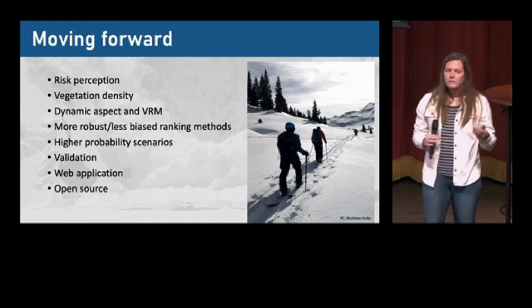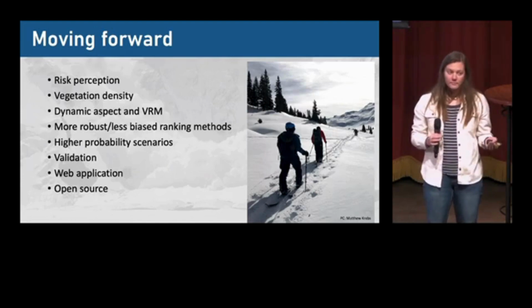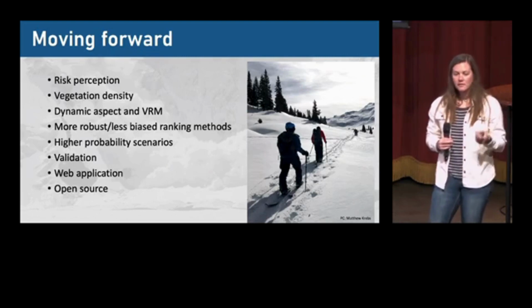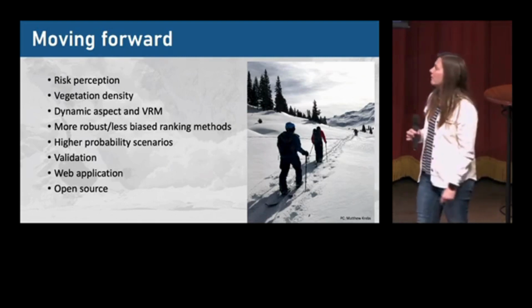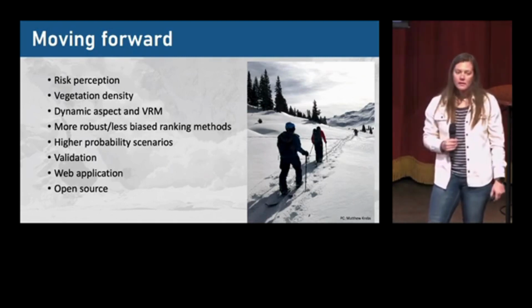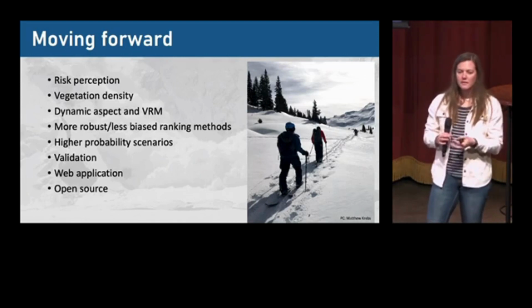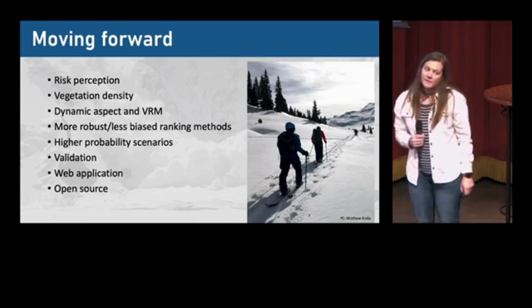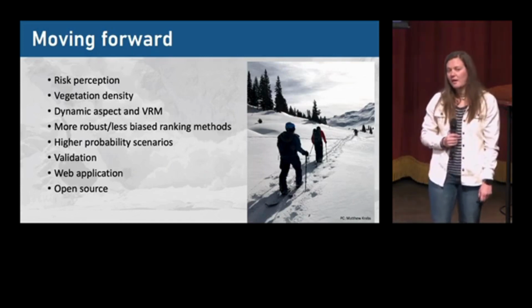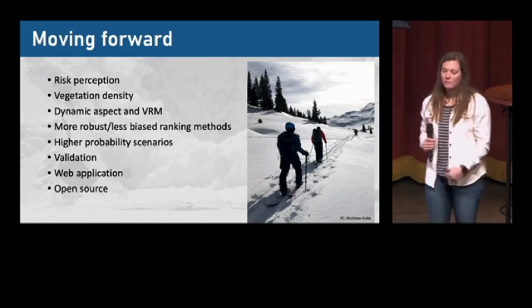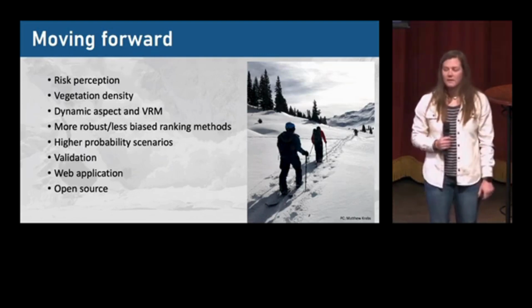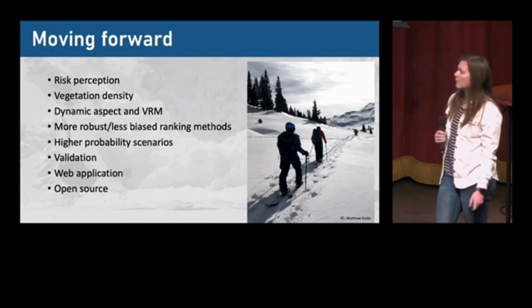They were based off of pretty big ones because I wanted to get the maximum, but you can put in smaller start zones and lower fracture depths, and you can get more probable ones and then kind of have a gradient there. Validation: I did the best I could with what I had, but doing this in more areas with more paths to look at, and different snowpacks, would be really good.